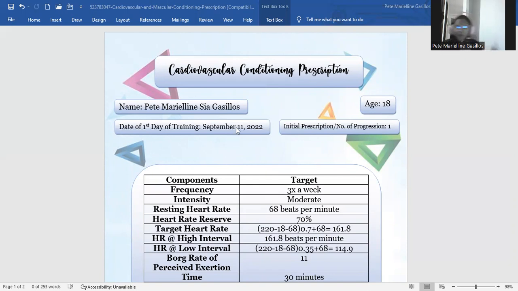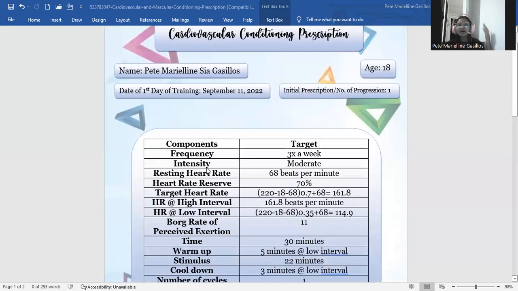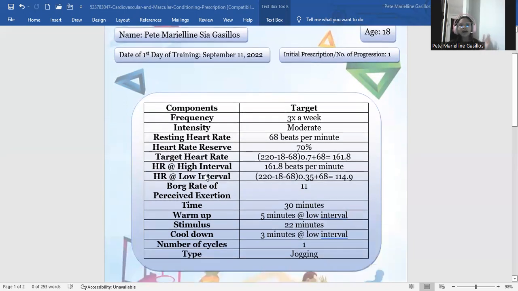The components of my cardiovascular conditioning prescription are the frequency, intensity, resting heart rate, heart rate reserve, target heart rate, HR at high interval, HR at low interval, Borg rate of perceived exertion, time, warm up, stimulus, cool down, number of cycles, and the type of exercise that I'm going to make.